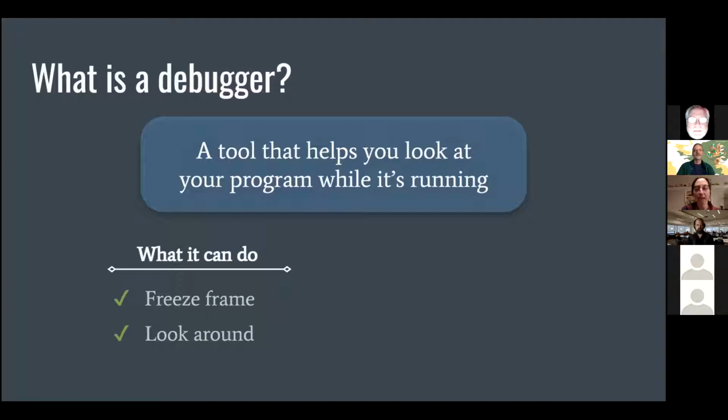So if you are in the habit of printing out your variables at different steps, this kind of tool can help you eliminate some of those extra commands. And the last thing it can do, which is really important, is you can advance the program at your discretion. So don't let the computer take over the flow of the program, but you can say, okay, I'm ready, execute the next step. And we'll get into that a little bit.